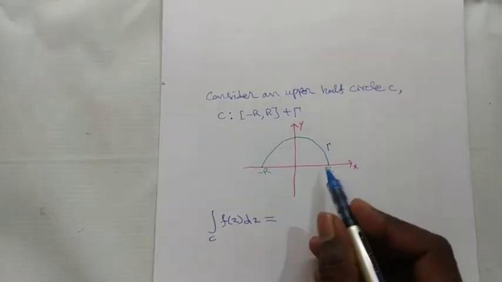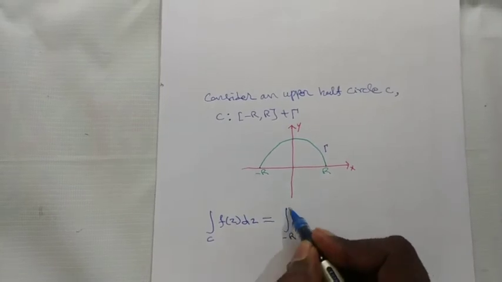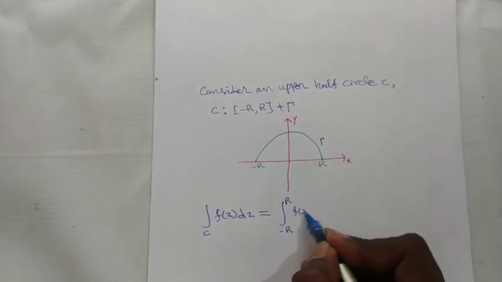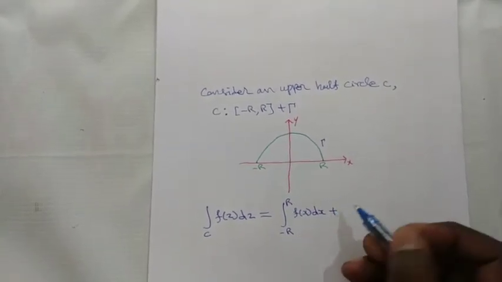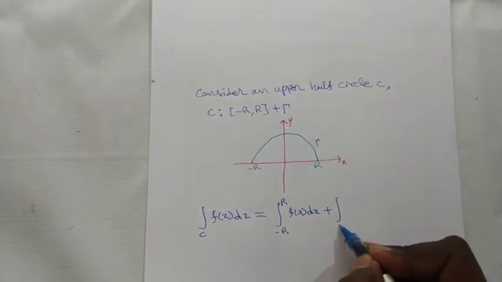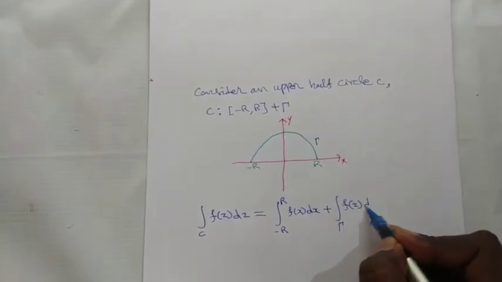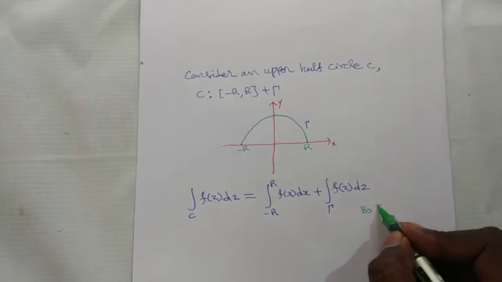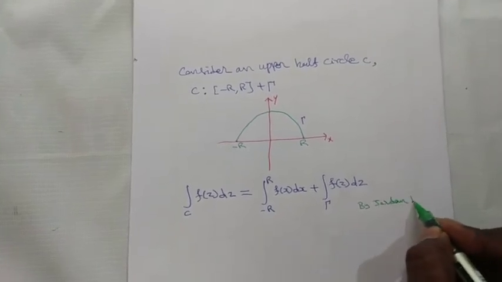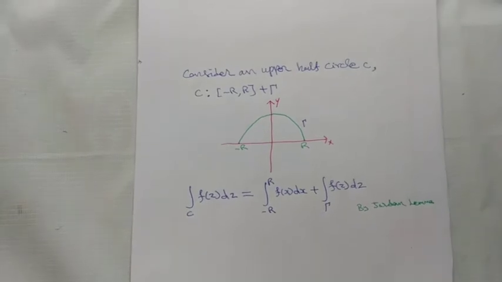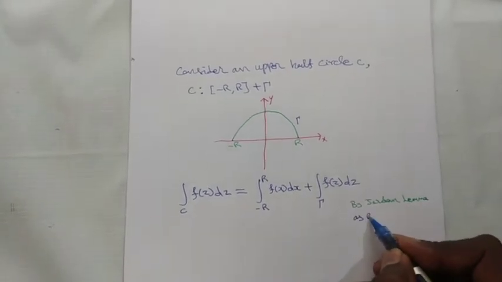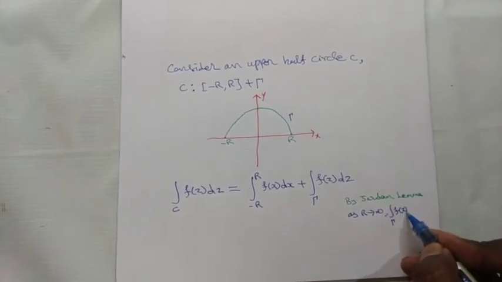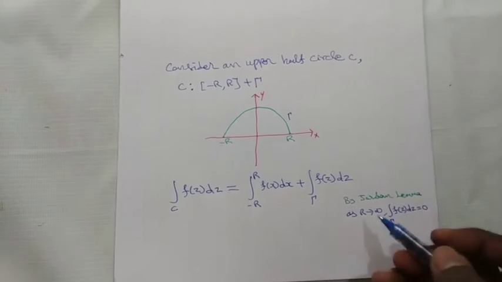It is minus r to plus r, but the minus r to plus r lies only on the x axis, so you have to write integral of f of x dx plus integral over gamma of f of z dz. By Jordan lemma, as r tends to infinity, integral over gamma of f of z dz equals 0.